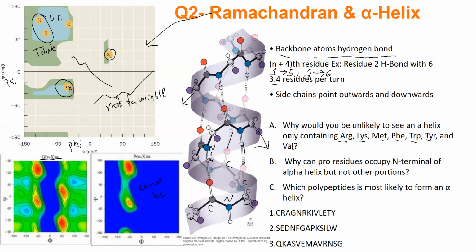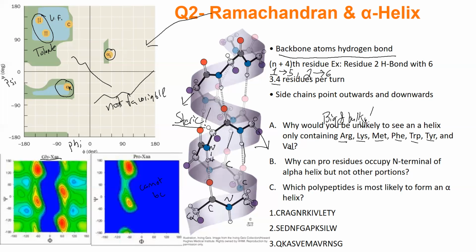That has to do with the side chains, right? All of these amino acids I have listed have big, bulky side chains. That means that if they are all pointing down, they're going to be bumping into each other, and you'll have steric hindrance.